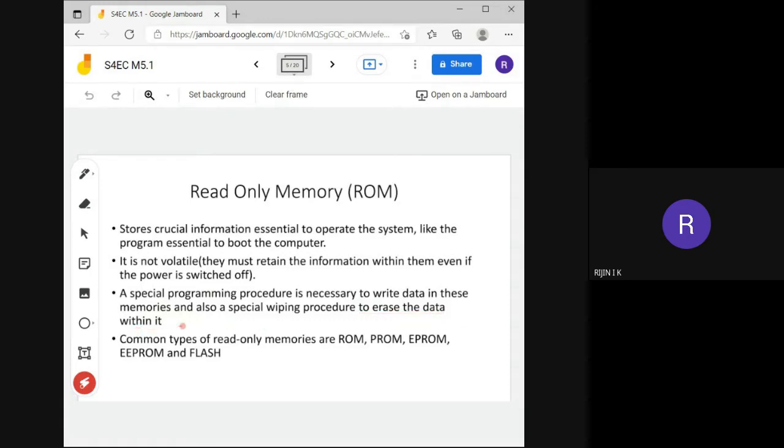Some of the common read-only memories are ROM, PROM, EPROM, EEPROM, and flash memories.